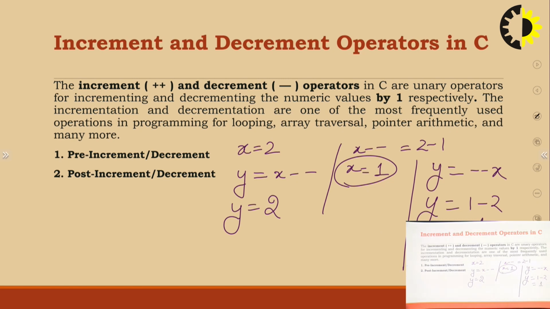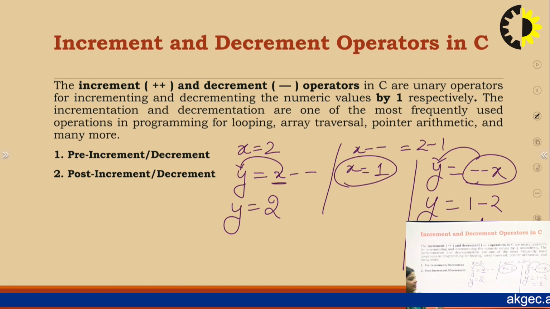Can you understand the difference? If post, then the same value will be assigned to y, but for pre, you have to first decrease the value and then assign the value. Understood?